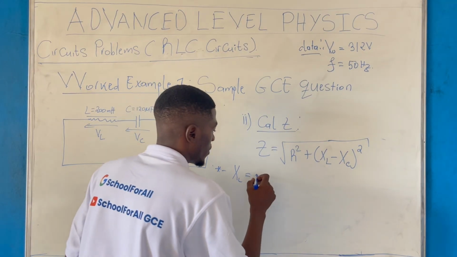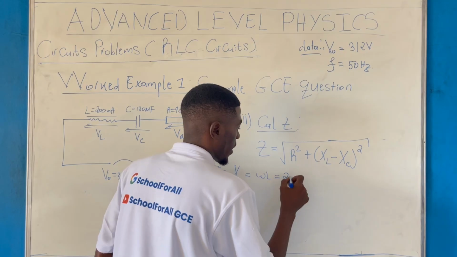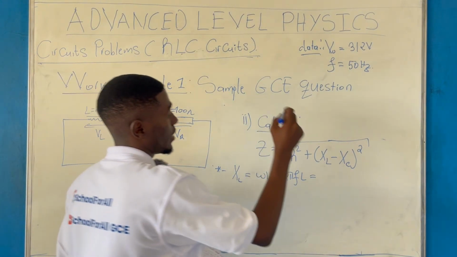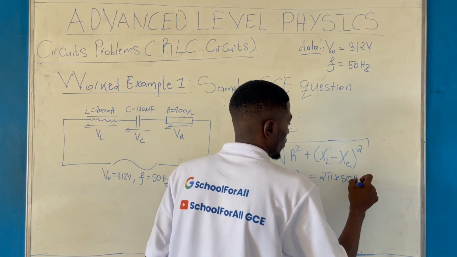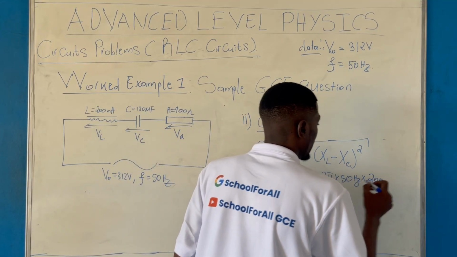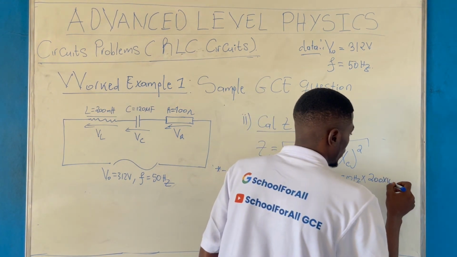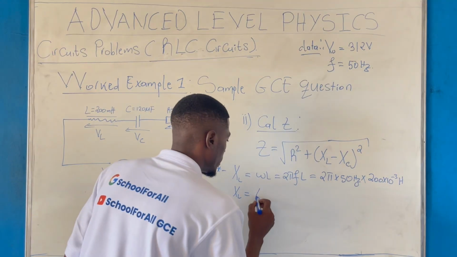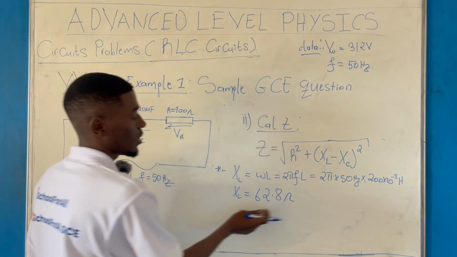XL is omega L, which is the same as 2 pi times frequency times L. So 2 pi times 50 Hz times L. L is 200 milli, and milli means times 10 to the negative 3 henry. This gives 62.8 ohms. As I was saying, it is measured in ohms.